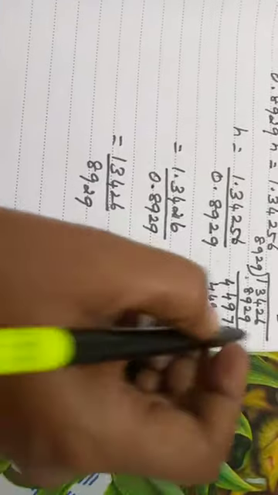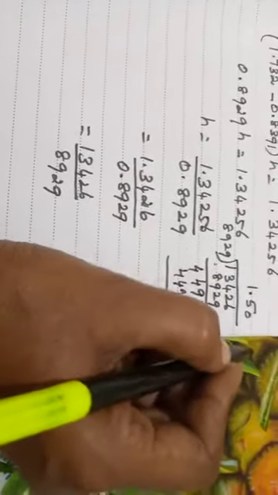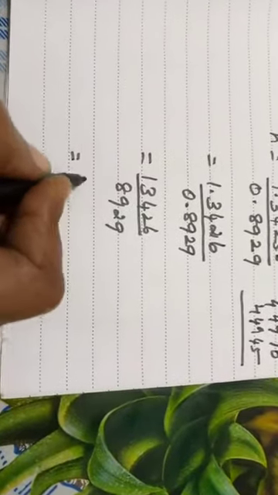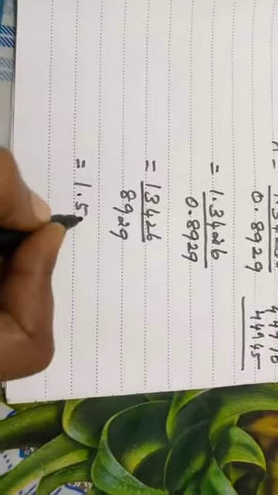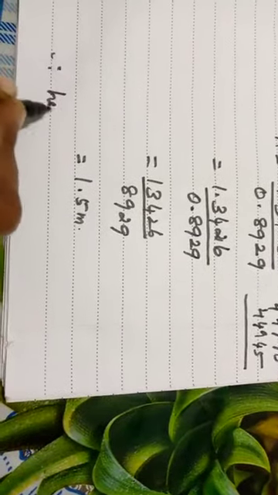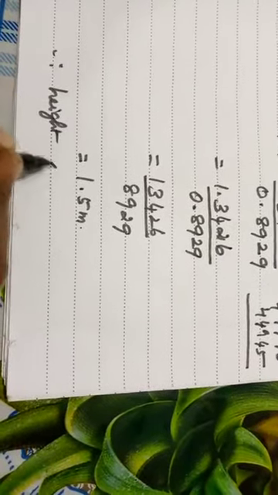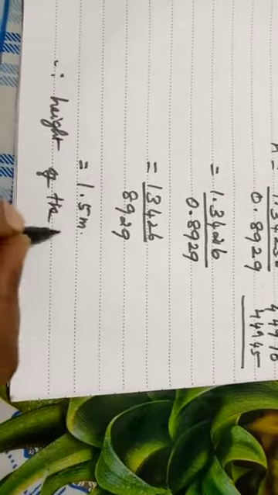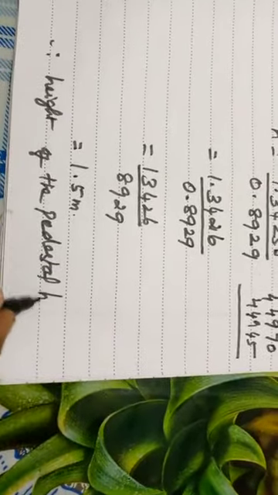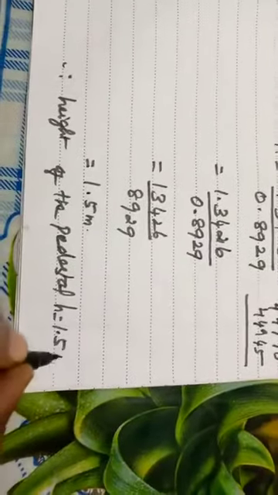Next again cannot divide, so 0 you have to put, and so on. Okay, so it can be written approximately 1.5 meter. Therefore, height of the pedestal is equal to 1.5 meter.